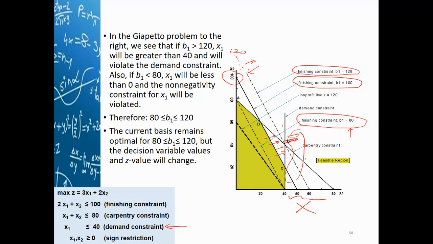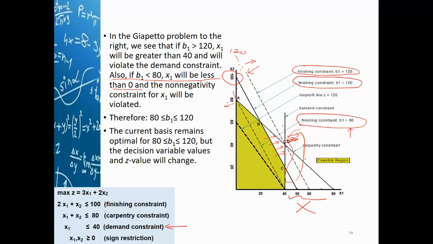If you put this line and your line is less than this one, meaning your value over here should be this one, this statement, your x1 now will be less than 0.